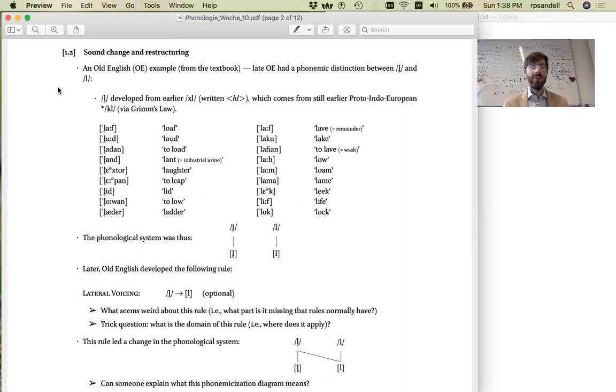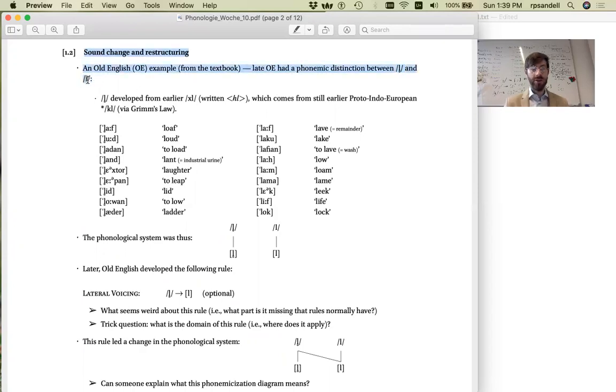So we'll take an example from the textbook to illustrate a first case of the restructuring of underlying representations. This involves a case from Old English, where in the later phases of the Old English period, that is in the first centuries of the past millennium, the language had a phonemic distinction between a voiceless lateral approximant and a voiced lateral approximant.